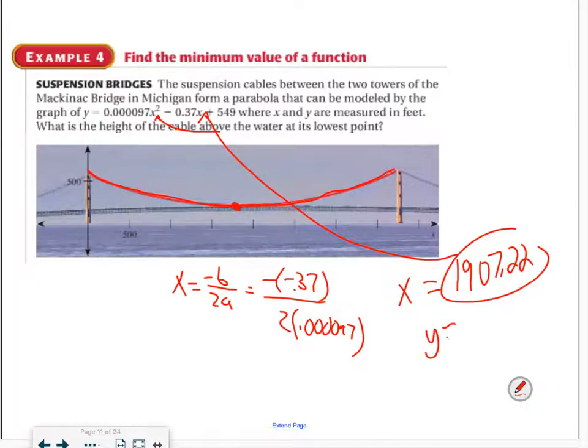And the y value ends up being approximately 196.16. So that ends up being, what did it say the units were? The number of feet above the water that this bridge goes.